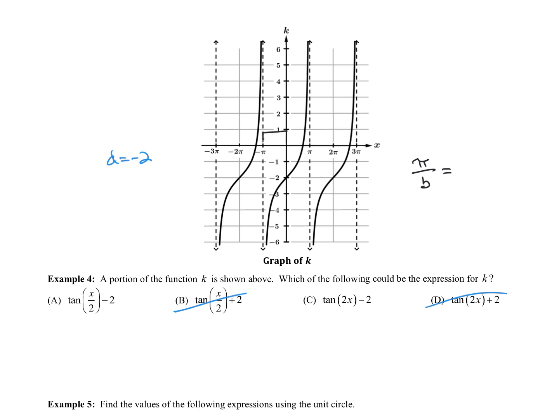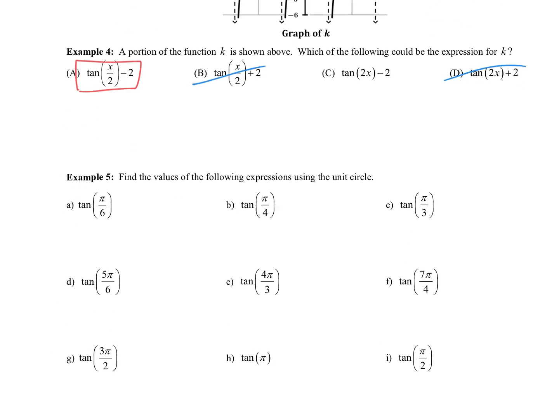And so if we go from -pi to pi, that period would be 2 pi. And so now I multiply by b, I divide by 2 pi. So what does b equal? 1/2. And so now, which one does that match up with? A. All right, let's keep going.